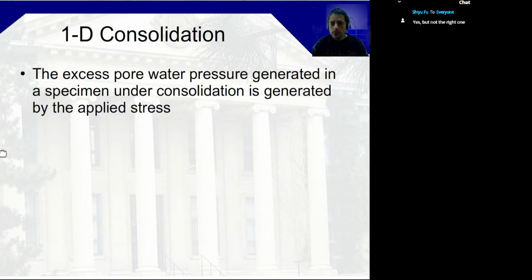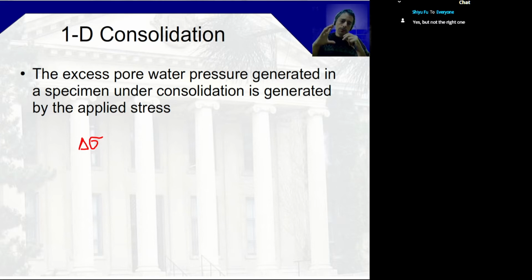Now, one thing you have to remember if you have taken soil mechanics, you know that any increase in total stress in your soil causes consolidation. So you cause consolidation by increasing total stress. You can also lower the groundwater table, but here we're considering the transient pressure increase.